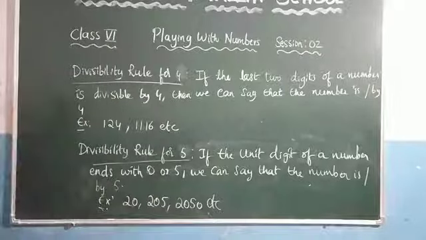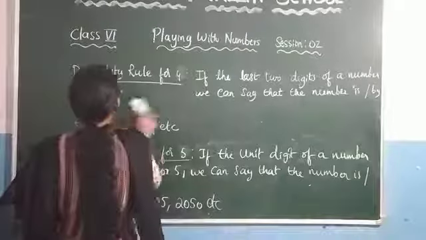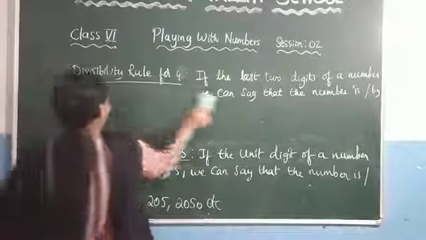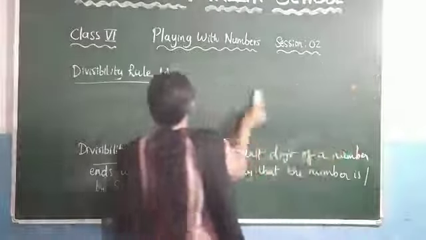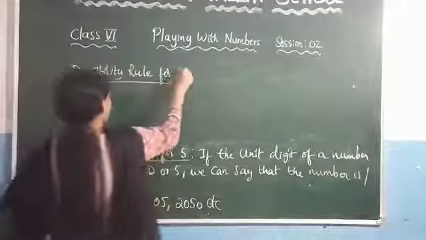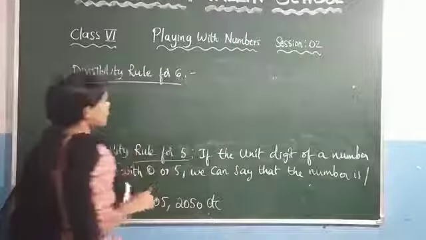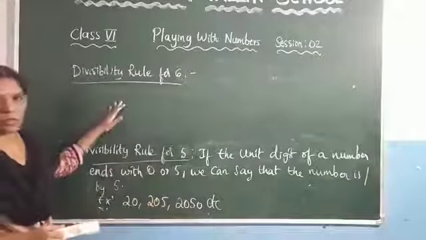And after that, what is the divisibility rule for 6? What does it state? It should be divisible by both 2 and 3.